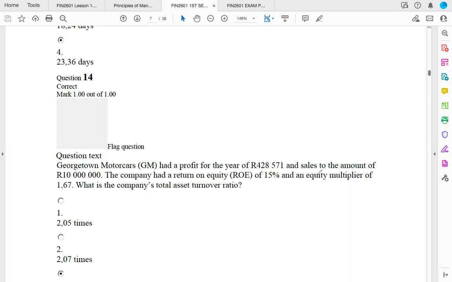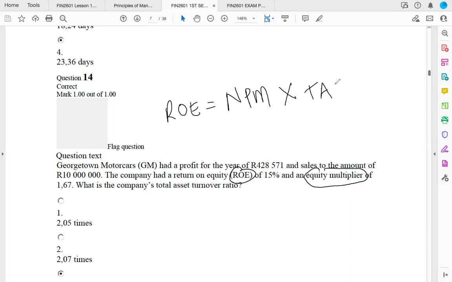When you get this type of question with the equity multiplier and return on equity, immediately you should think about the DuPont relationship, which says the return on equity is equal to the net profit margin multiplied by the total assets turnover multiplied by the equity multiplier, or the financial leverage multiplier. So we have been given our return on equity.